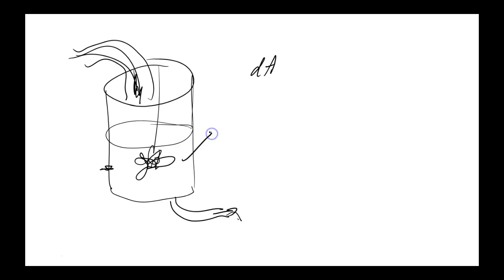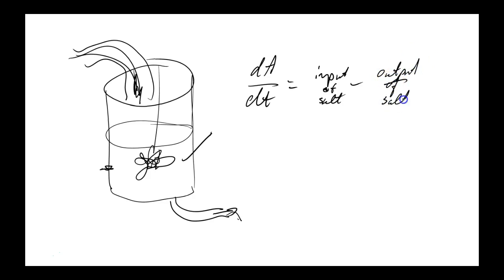So this is salt in the tank, okay? dA/dt would be equal to the input of salt minus the output of salt. Essentially the opposite of diluting. I'm not sure what the name for it would be. Concentrating? I don't know. Okay.